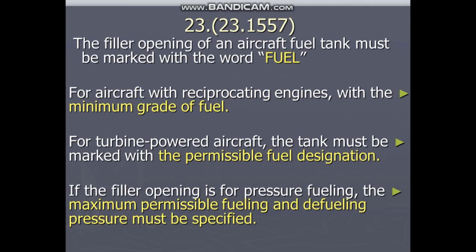For aircraft with reciprocating engines, it is marked with the minimum grade of fuel. For turbine-powered aircraft, the tank must be marked with the permissible fuel designation. If the filler opening is for pressure fueling, the maximum permissible fueling and defueling pressure must be specified.